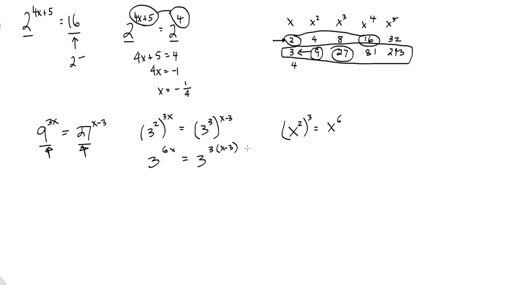You need to be very careful here because you want to multiply 3 times this entire expression, which means you're going to end up distributing. So to write it this way is probably your safest bet. So let's finish it. 3 to the 6x equals 3 to the, distribute, 3 times x is 3x, 3 times negative 3 is minus 9. So I get 6x equals 3x minus 9.